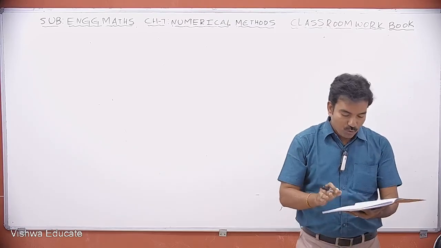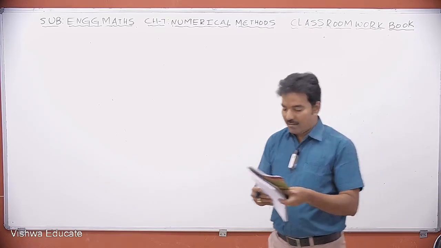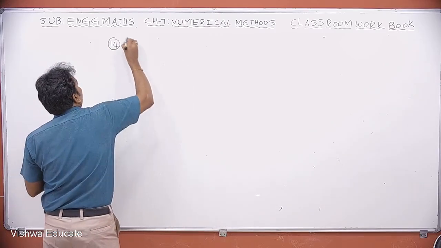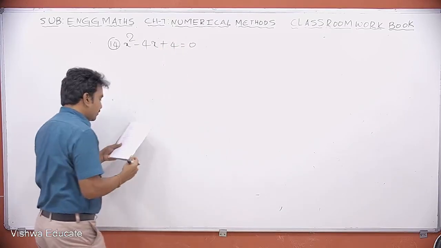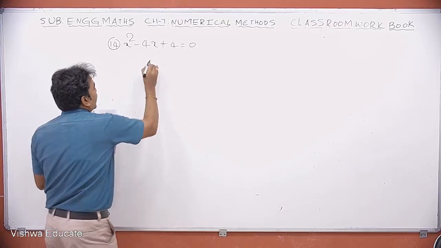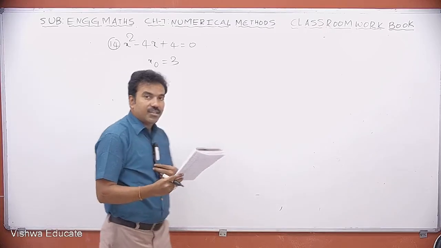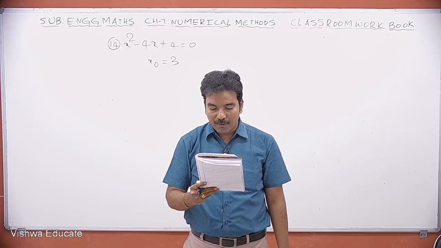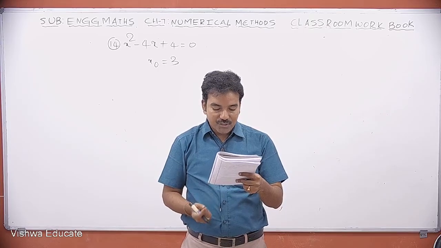So let us move to question number 14. The equation x squared minus 4x plus 4 equal to 0 is to be solved numerically starting with initial guess x0 equal to 3. The Newton-Raphson method is applied once to get a new estimate, and then the secant method is applied using the initial guess and this new estimate.